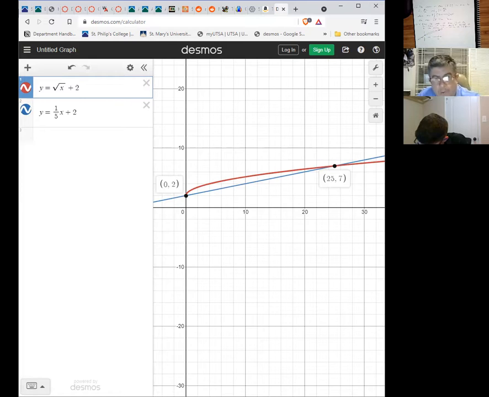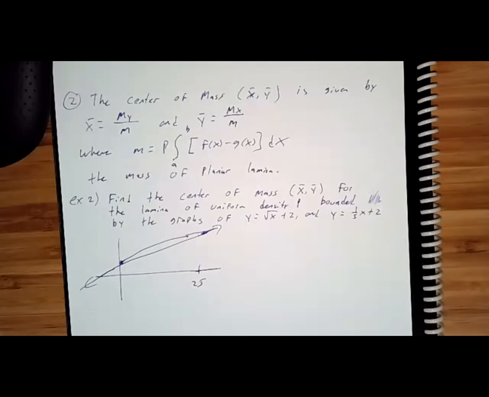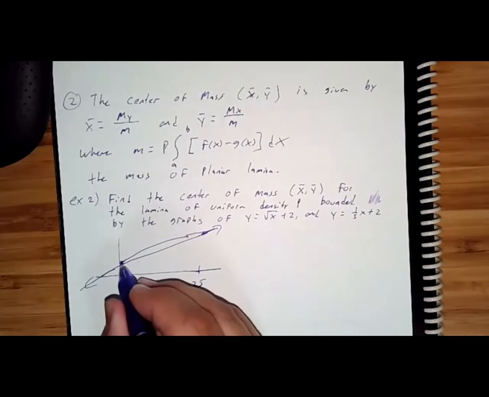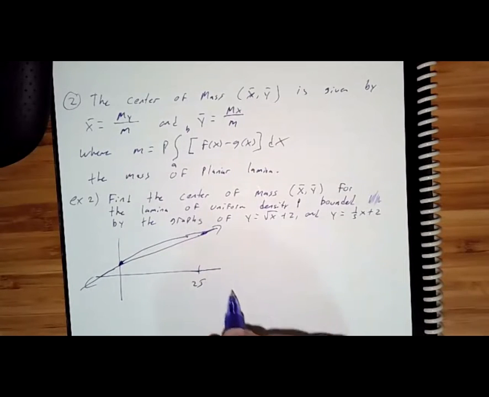Picture sucks, but whatever. Okay, so we know that the intersections are at 0 and 25 thanks to the graph.